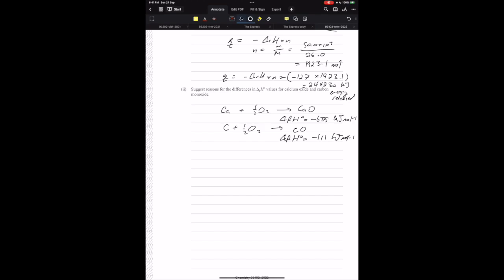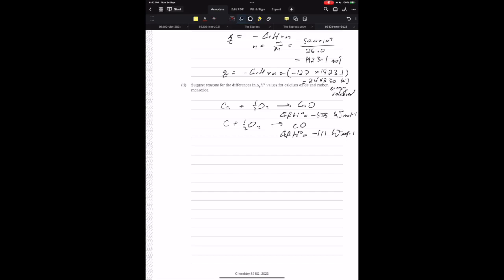So we can consider this in two different aspects. Calcium oxide releases more energy when it's being formed from its elements. So delta H, we know, is given by the sum of the delta H of all bonds broken minus the sum of delta H of bonds formed.